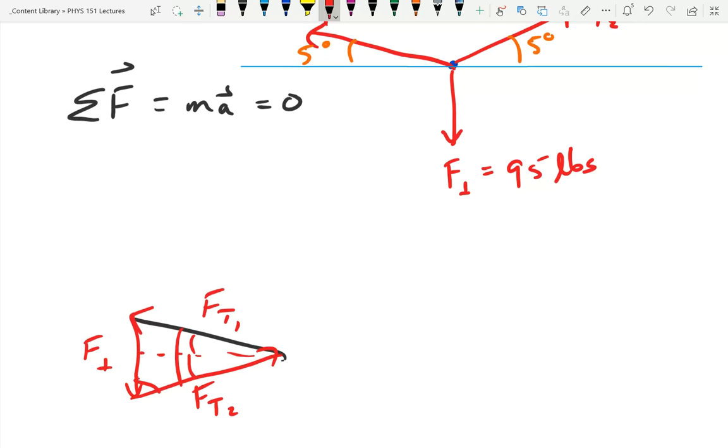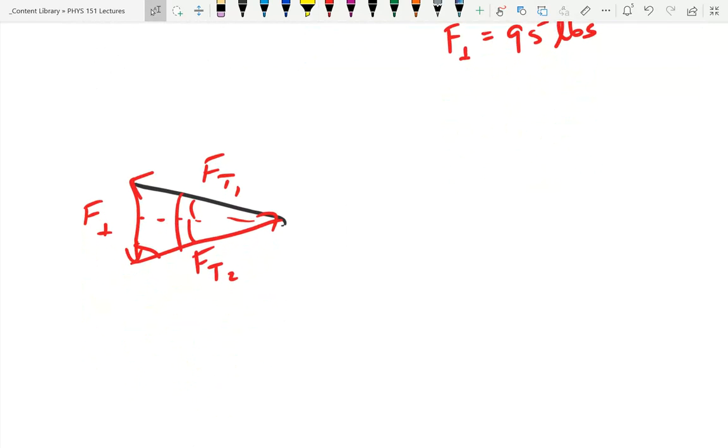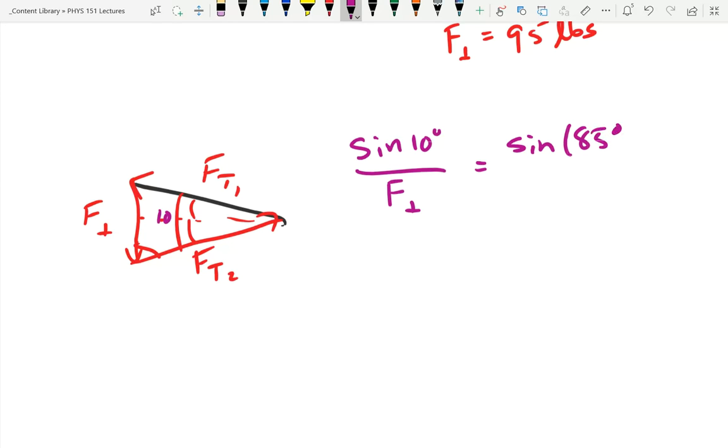So I know all of the angles, and I know one of the sides. The law of sines will kick out for me what the tension is instantly. So using the law of sines, I have the sine of 10 degrees, that's this angle right here, over force perpendicular is equal to the sine of 85 degrees, either one of these angles, over the force tension.